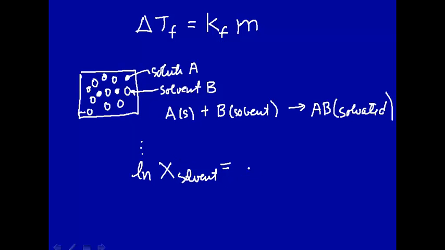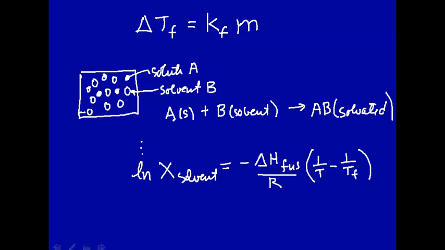Analogous to what we did before, the natural log of the mole fraction of the solvent will be the enthalpy of fusion divided by R, times 1 over the temperature minus 1 over the freezing point temperature.